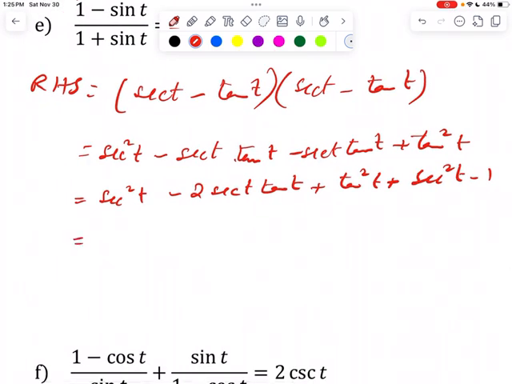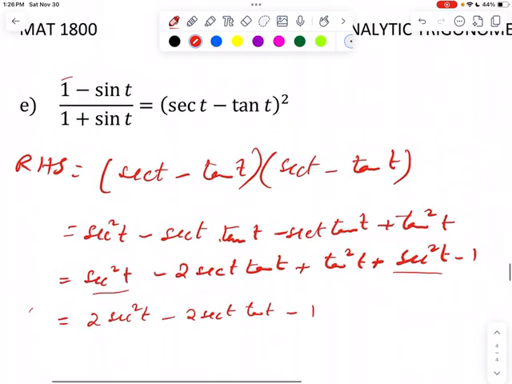This gives us 2 secant square t, and then we have minus 2 times secant of t into tangent of t minus 1. And this doesn't look like our right hand side.